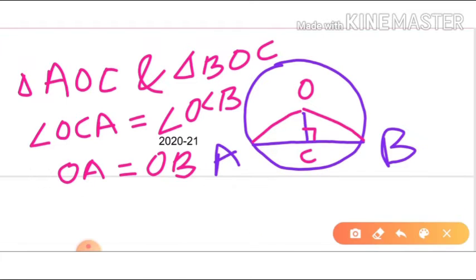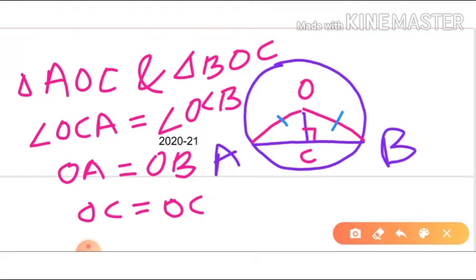If you look here, OA and OB are equal, not common radii, but radii of the same circle. And the last one, OC equal to OC, that is the common side.